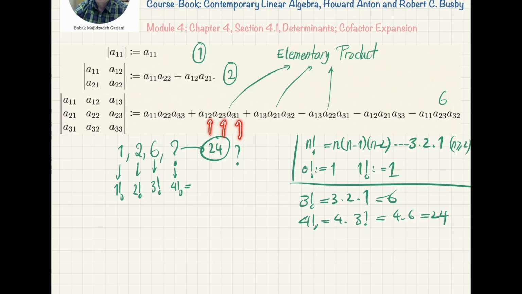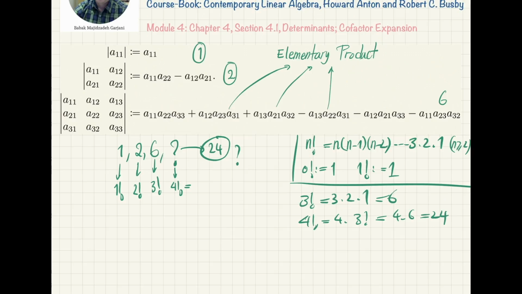So it means that each elementary product has exactly 1 entry from each column. This is the entry coming from the first column, this is the entry coming from the third column, and this is the entry coming from the second column. I'm trying to just give you some idea about the structures of these elementary products.